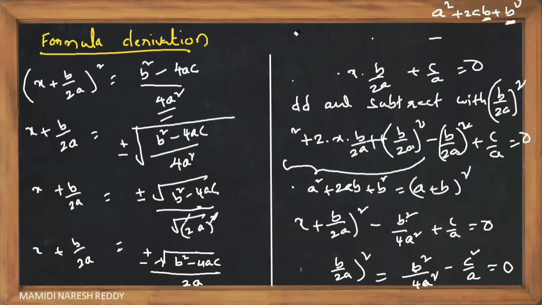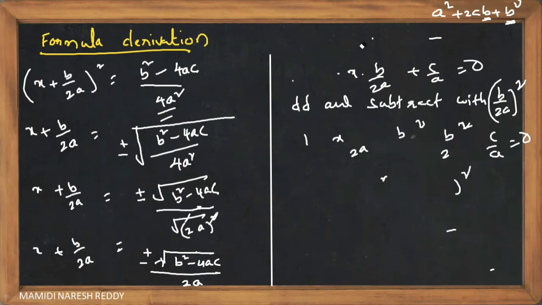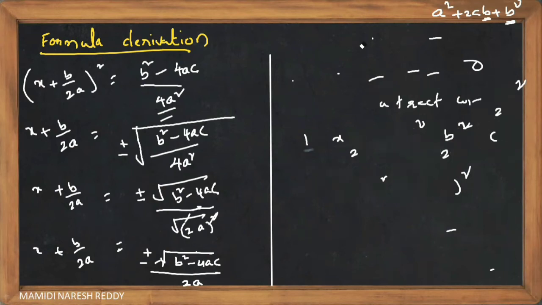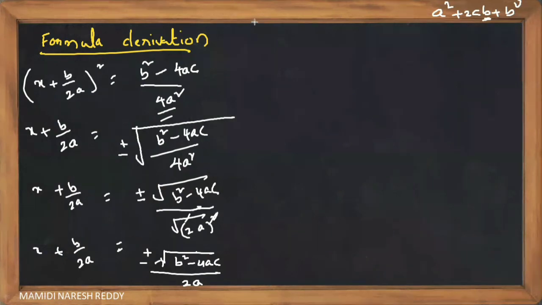So I think I explained in the first chapter: irrational numbers, under root of a under root of b is not equal to under root of a plus b. Even in 9th class you have learned this.